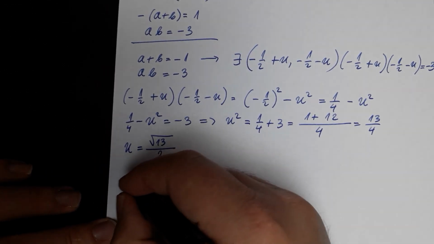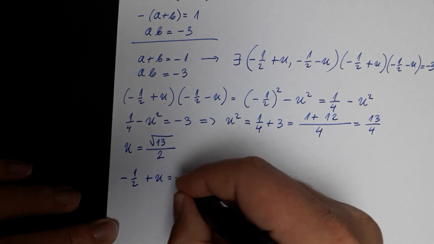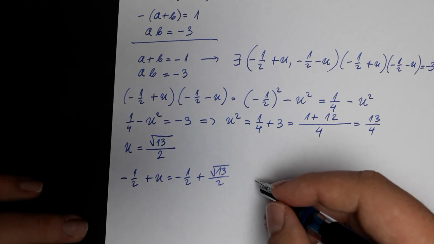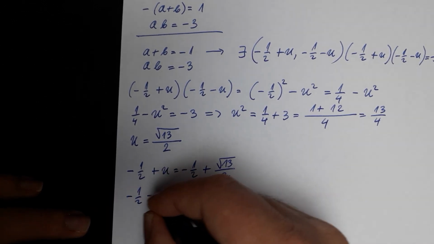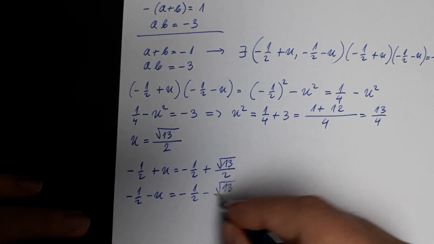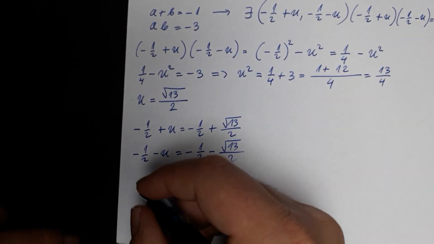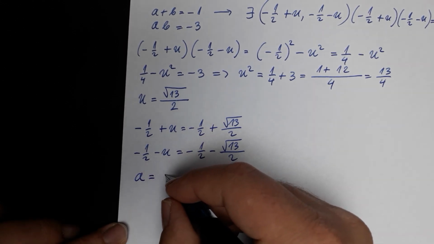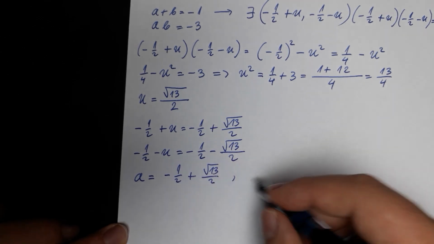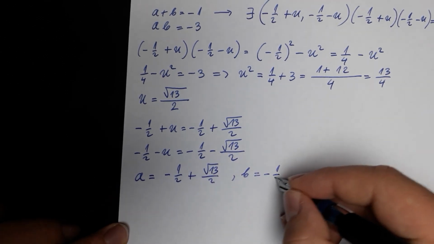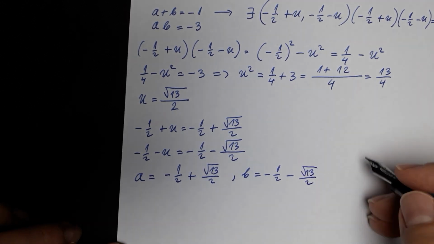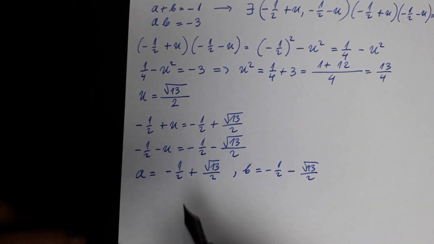And that means that minus 1/2 plus u is equal to negative 1/2 plus a square root of 13 divided by 2, and negative 1/2 minus u is equal to negative 1/2 minus a square root of 13 over 2. Well, that means that a is equal to negative 1/2 plus a square root of 13 over 2, and that b is equal to negative 1/2 minus a square root of 13 over 2, and thus we have found the solution.